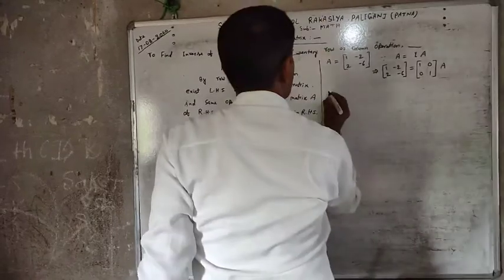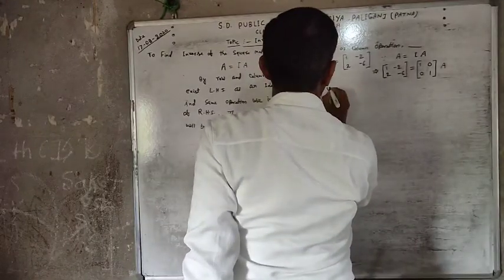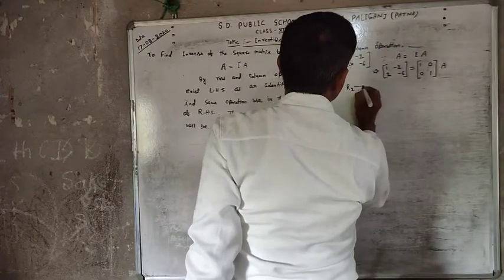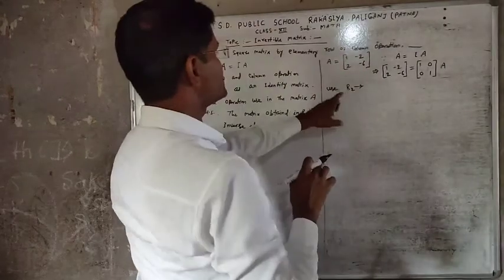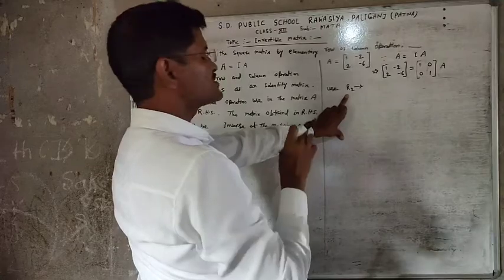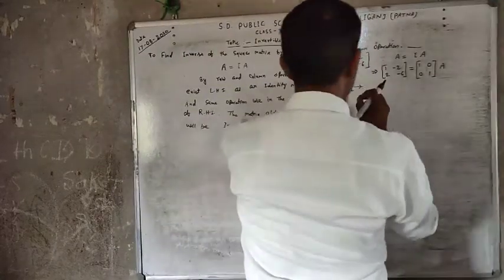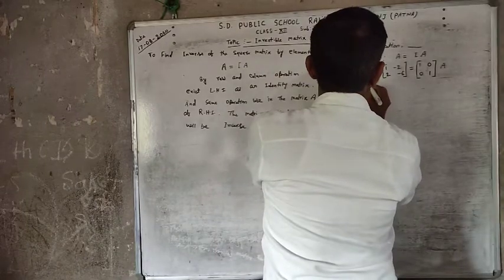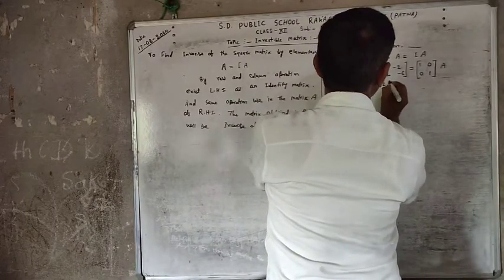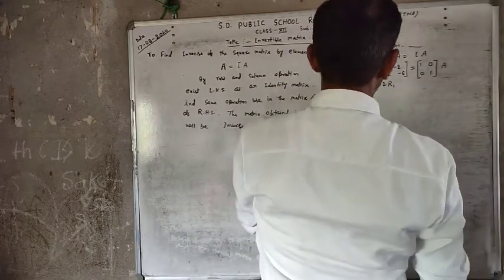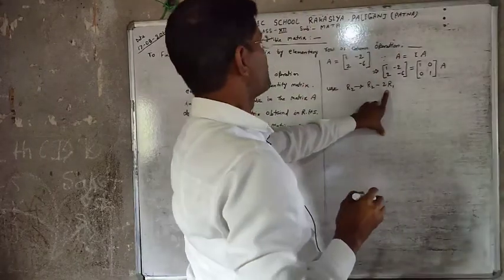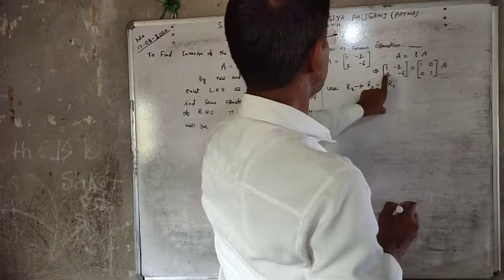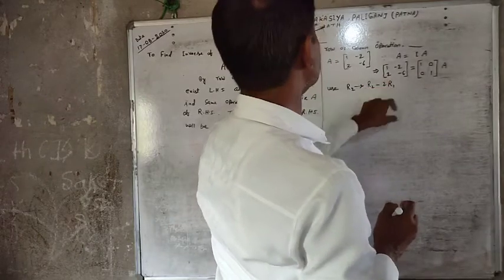R2 means the second row. The second row is changed into R2 minus 2 into R1. This means every element of R1 is multiplied by 2 and subtracted from the second row.